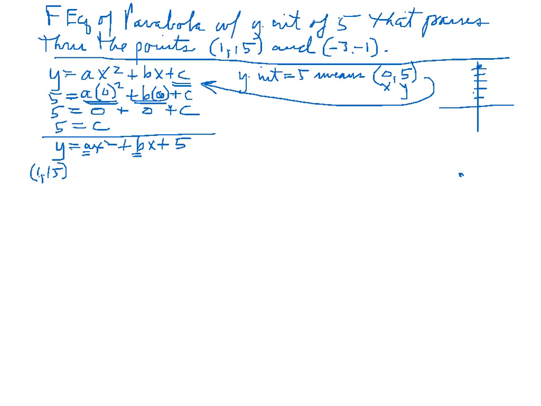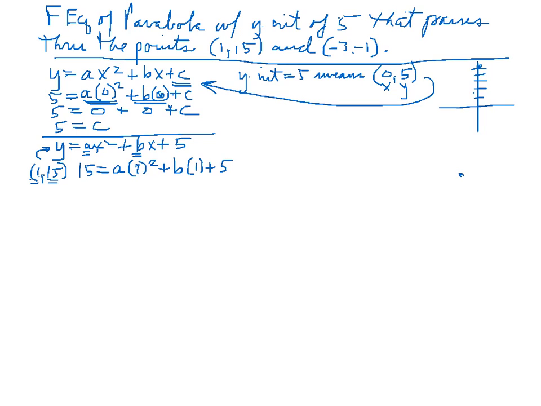Well, that means x is 1, y is 15. So plug it into this equation. Y is 15. That's a times x is 1 squared plus b times 1 plus 5.